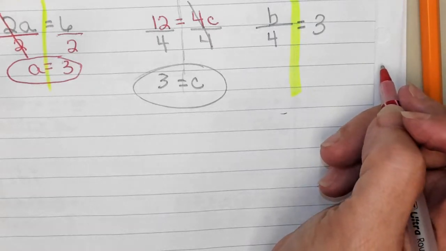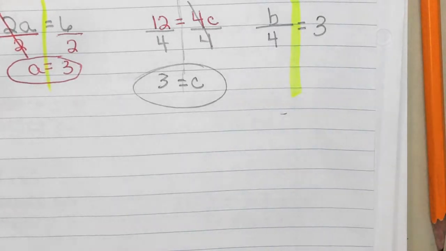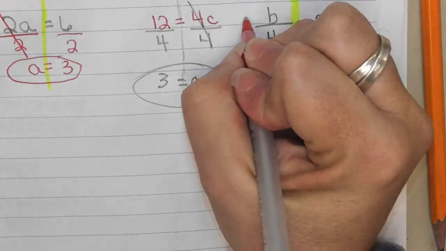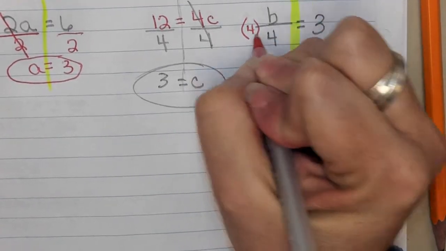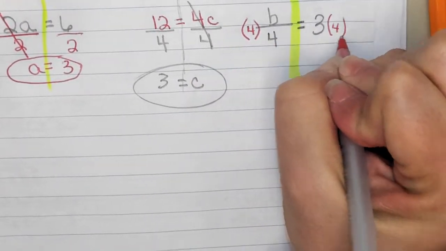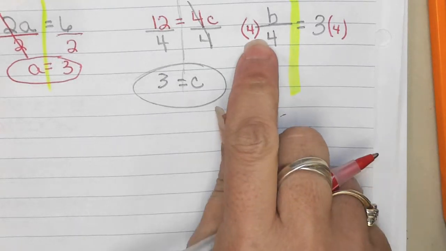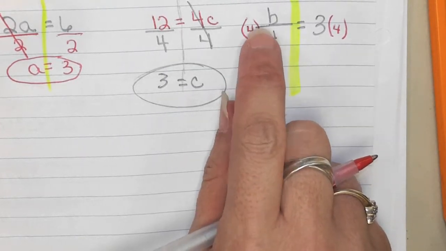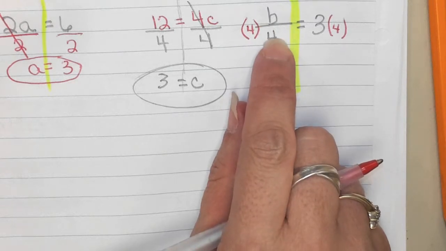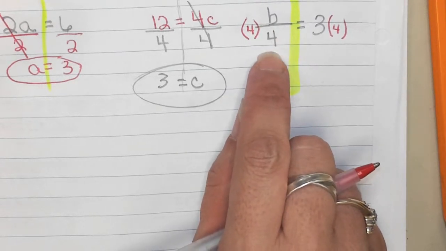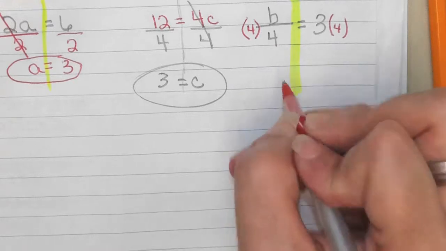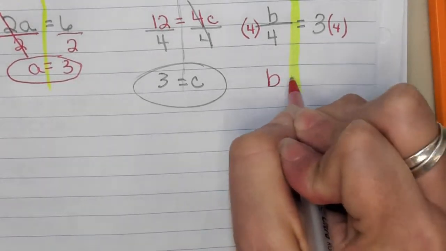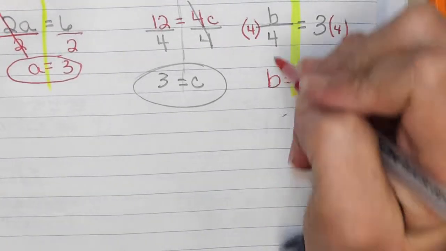Now, I need you to look. We don't use times signs. You can either use the dot, but most algebra people will use parentheses. Okay? Now, if you truly think about this, if you have 4 divided by 4, it is 1, and 1 times the letter is always the letter, like it stays that letter, right?